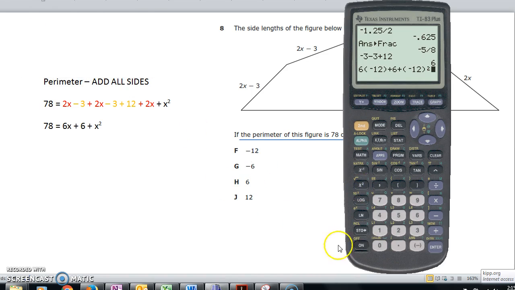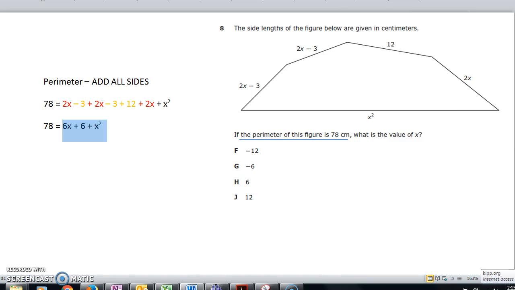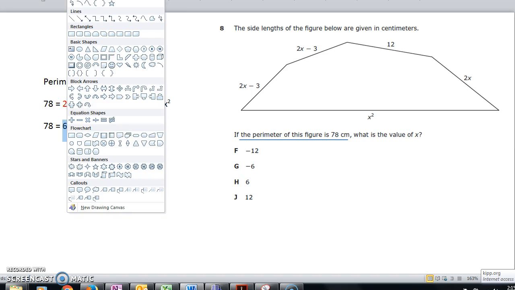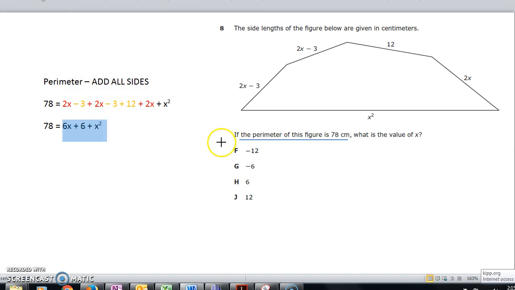So hopefully this gets me 78. That's what I'm looking for. I got 78. So when I plugged in negative 12 for x, the right side gave me 78, which is what I was looking for. So let's hold on to F as an answer choice. Remember, testing strategy: you never ever decide on the answer on the first try. It could be F though. Let's try the other ones.